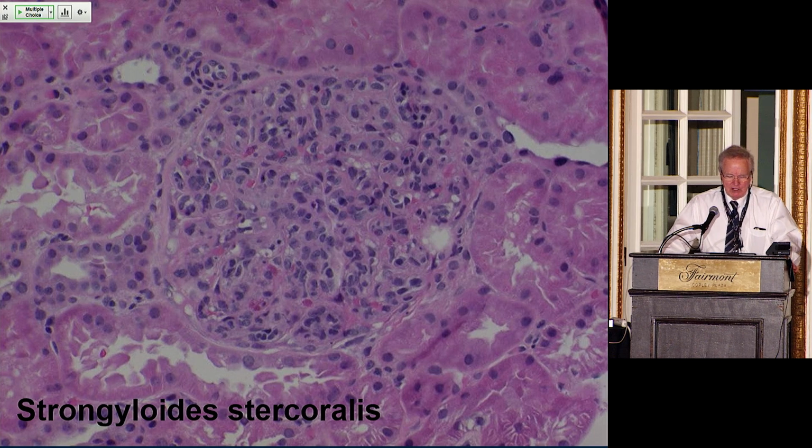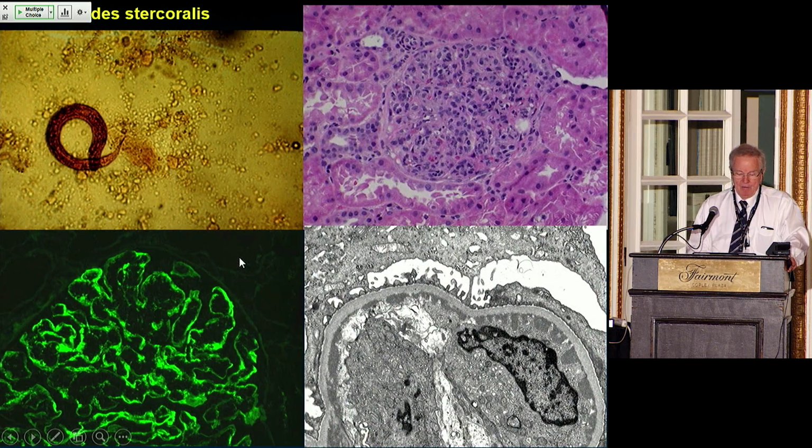Here you have a patient that developed strongyloidiasis, or recurrence or reactivation of strongyloidiasis, due to exposure to immune suppression. The patient was given steroids for some other condition and developed disseminated strongyloidiasis and an active immune complex disease.